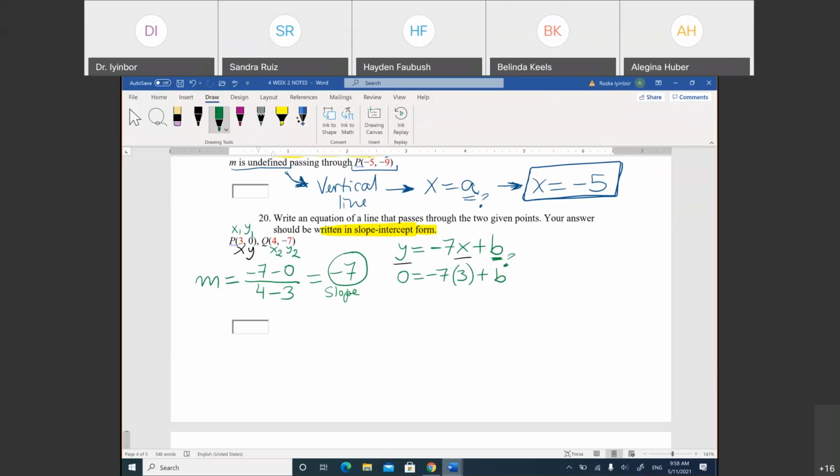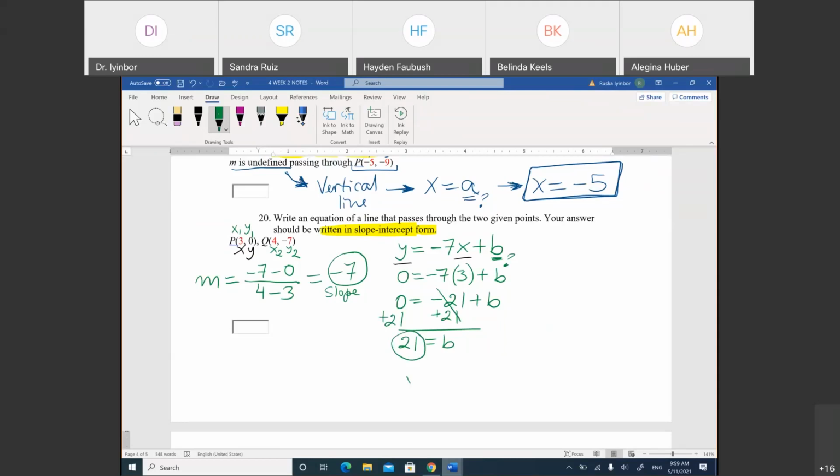And then we get 0 equals -21 plus B. And then what are you doing to get B by itself? Adding 21 to both sides. You're going to have 21, that's right. And you're going to get B equals 21. So we have B, we have slope. So my equation is what?